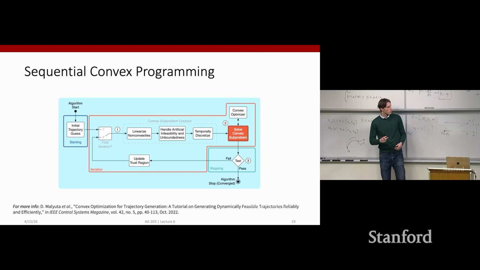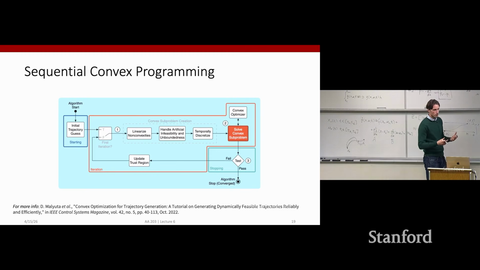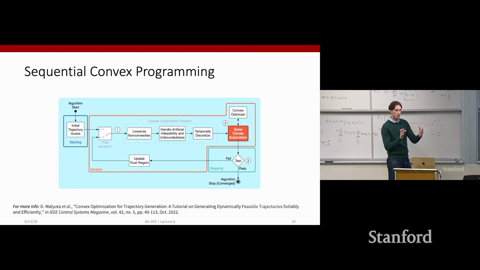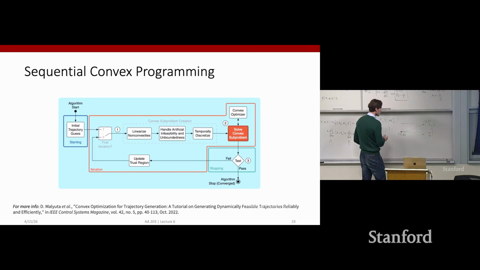And so this is where concepts like trust regions are introduced, in order to massage the convex problem such that we are not moving too much from the original solution. For example, a trust region constraint could be something where I want to stay within a certain distance from my nominal trajectory.